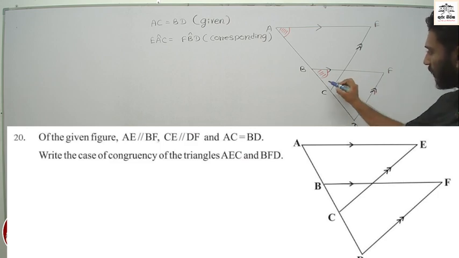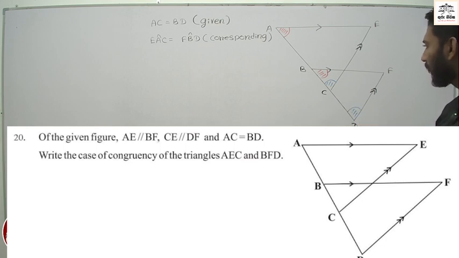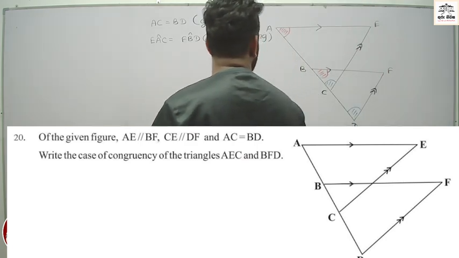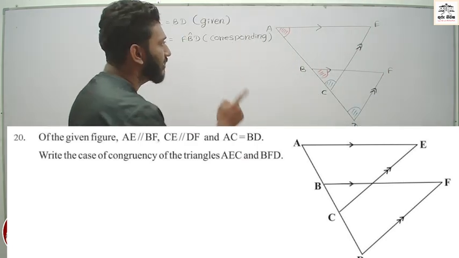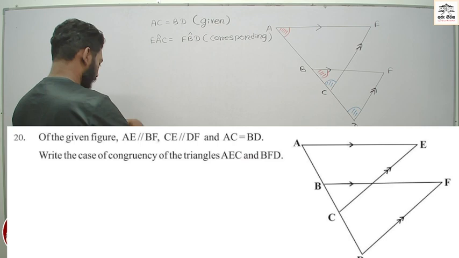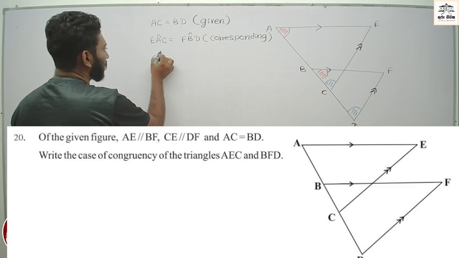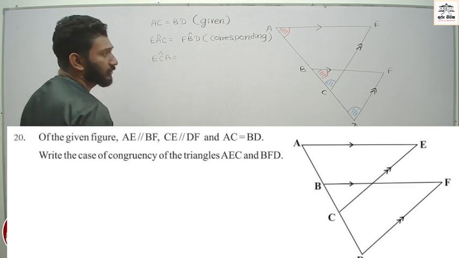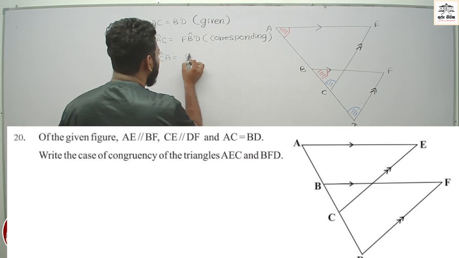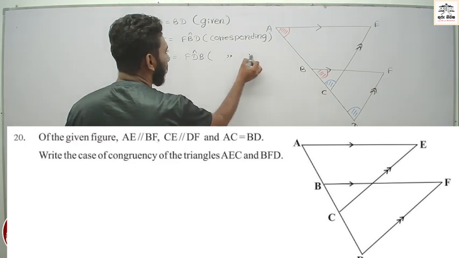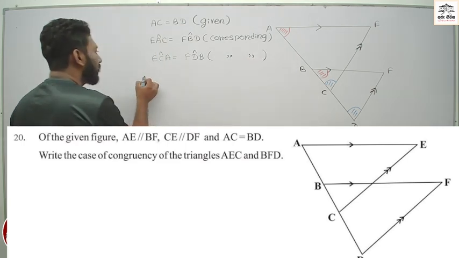Now this one should be equal to this one, right? Now that's a F symbol also. ECA. Now you can write as a ECA equals to the FDB, also corresponding angles.